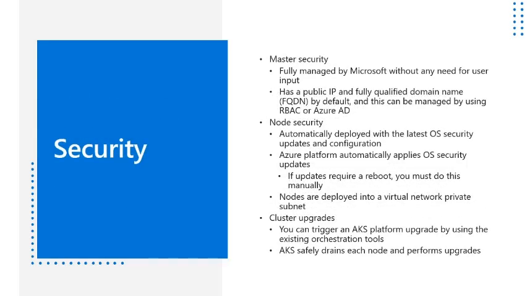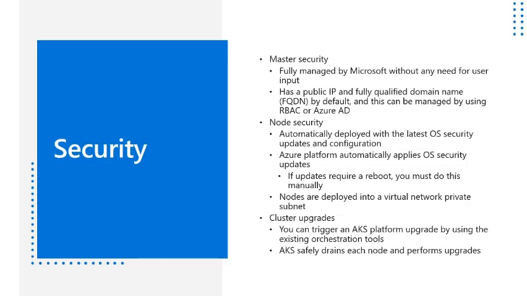So after all these types of authentication and authorization, we have security, which is more important. In Kubernetes you have different levels of security: master security, node security, and cluster upgrades. So, master security. Kubernetes includes security components such as network policies and secrets.